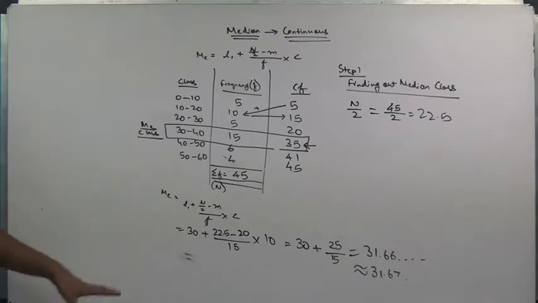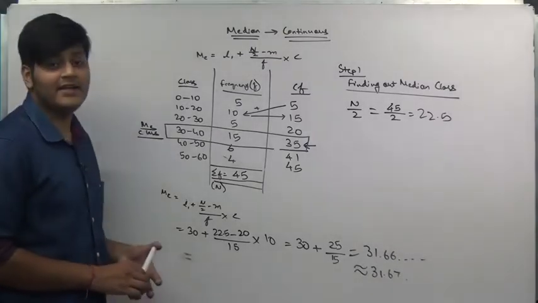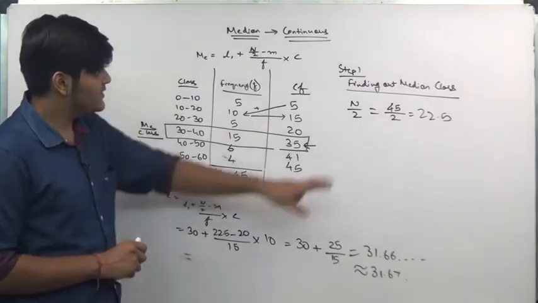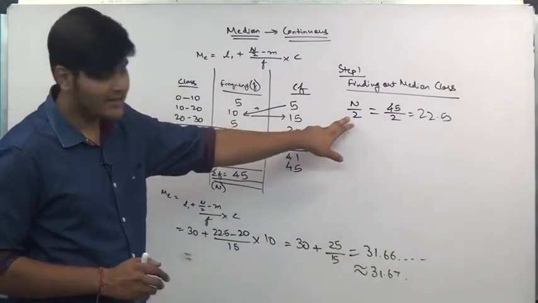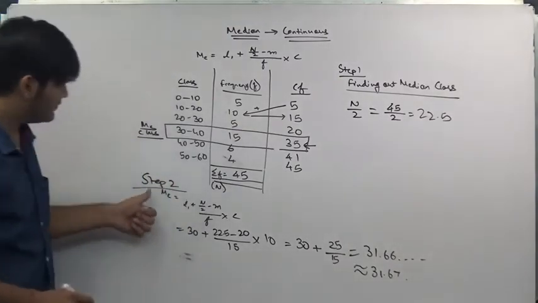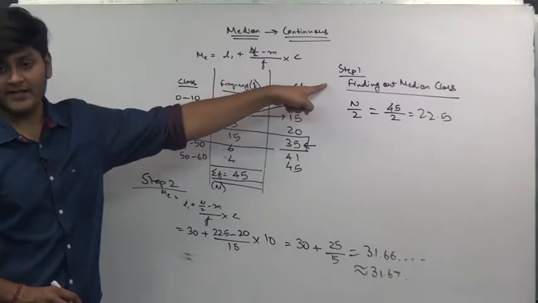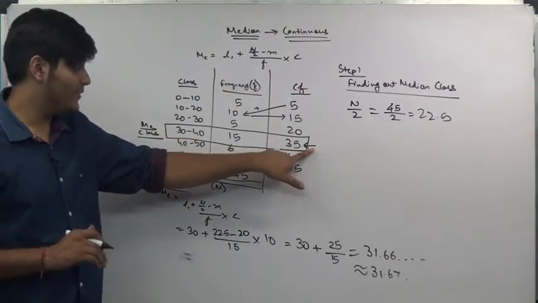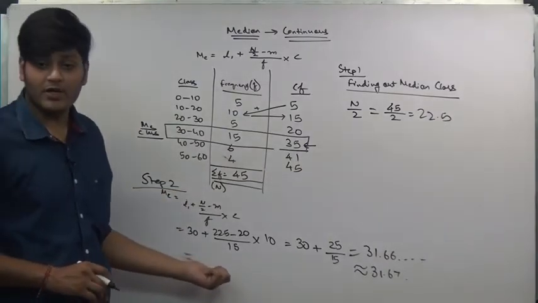So this is how you compute median in a continuous series. Clear? First you find out the median class, and then step 2 is applying the formula. Step 1, finding out the median class, selecting the median class in comparison to the cumulative frequency, then putting it in the formula.